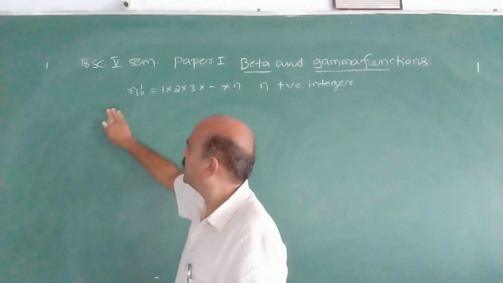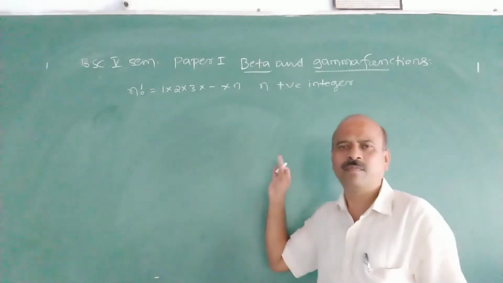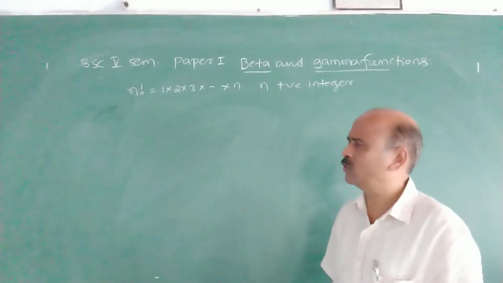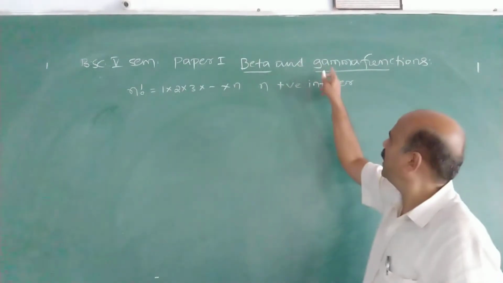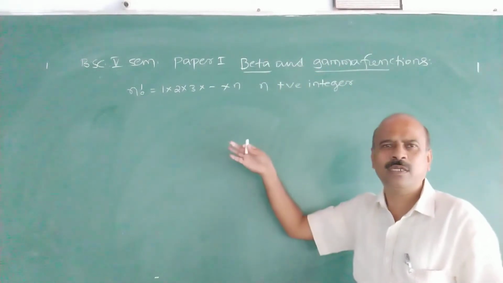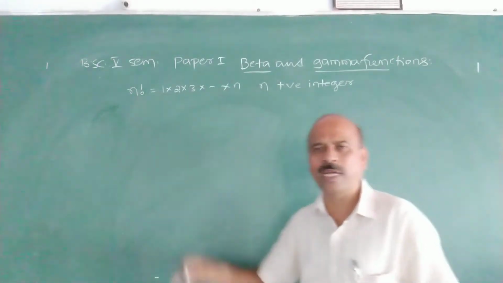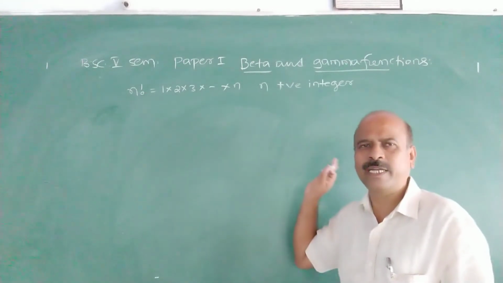Gamma functions are also used in differential equations and even in statistics. And what is the beta function? The beta function is a companion of the gamma function. Even though beta and gamma functions are entirely different improper integrals, we have studied two types of improper integrals: improper integral of the first kind and improper integral of the second kind.